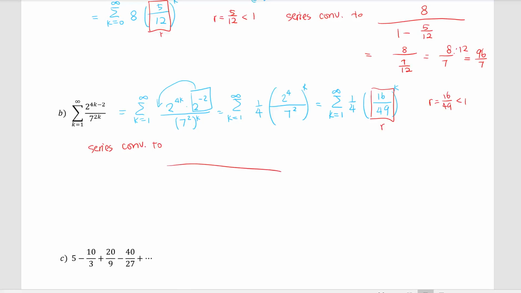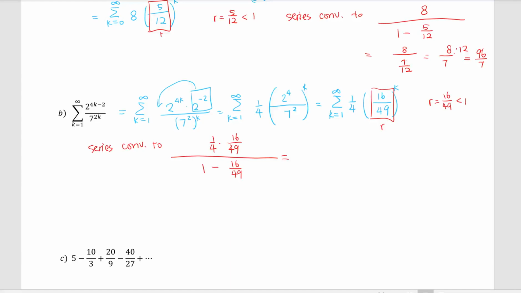The first term. First term, which is when k is 1. So when k is 1, we have 1/4 times 16 over 49, over 1 minus r. R is 16 over 49.